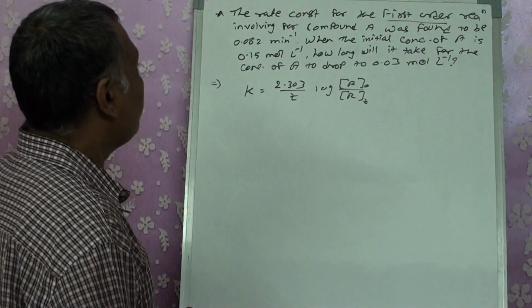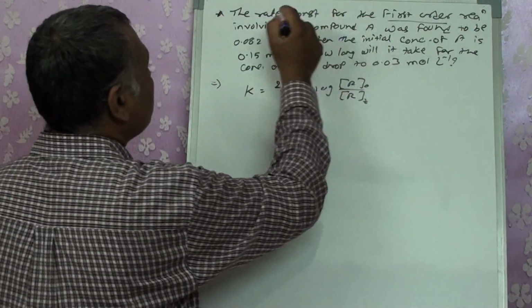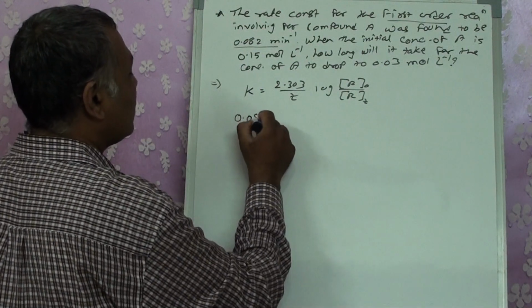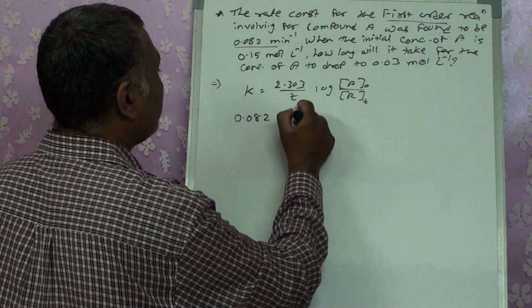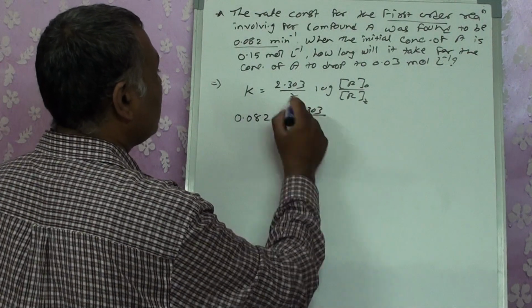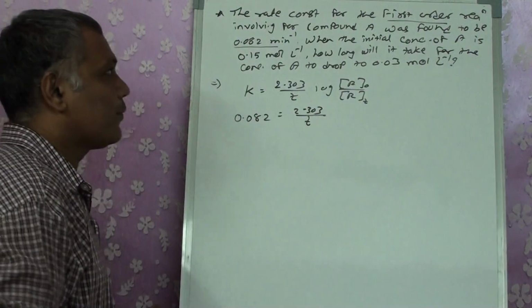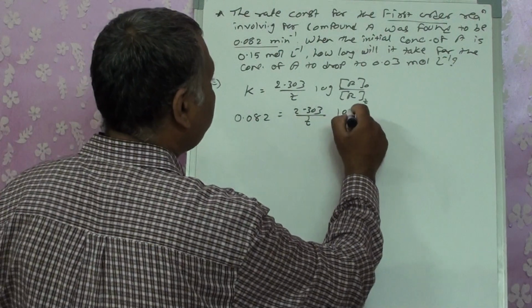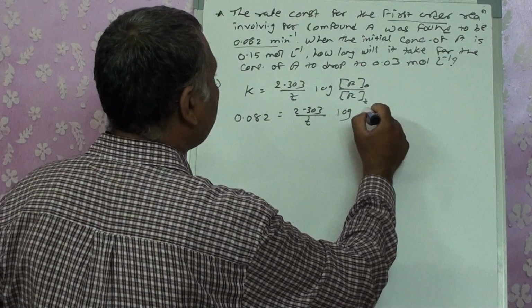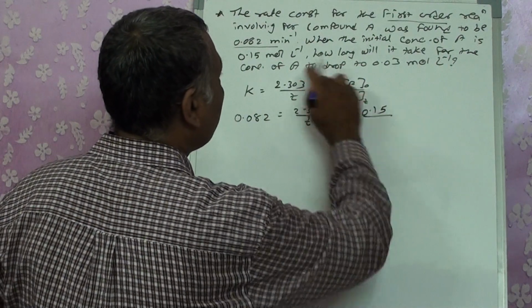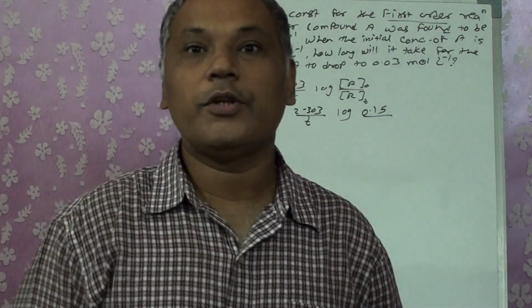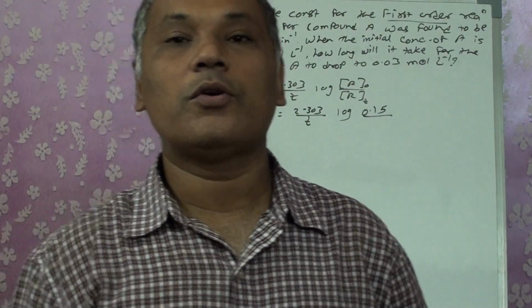Now the rate constant is given to us: K is 0.082, and 2.303. T I want to calculate, right? Log of the initial concentration 0.15, and the concentration has dropped to 0.03. That means it's a left-out concentration.